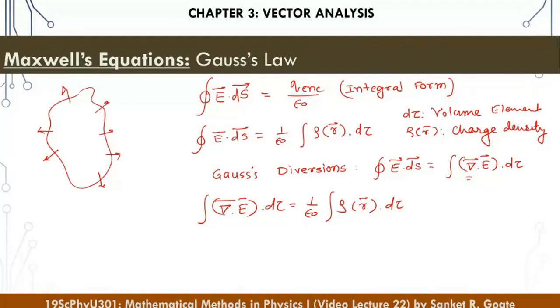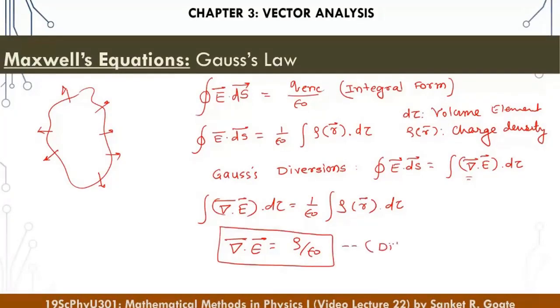Both of them are integrals over the volume, and therefore I don't have to consider this integration. I get the differential form, which is del dot E is equal to rho by epsilon 0. So this is Gauss's law, in differential form.